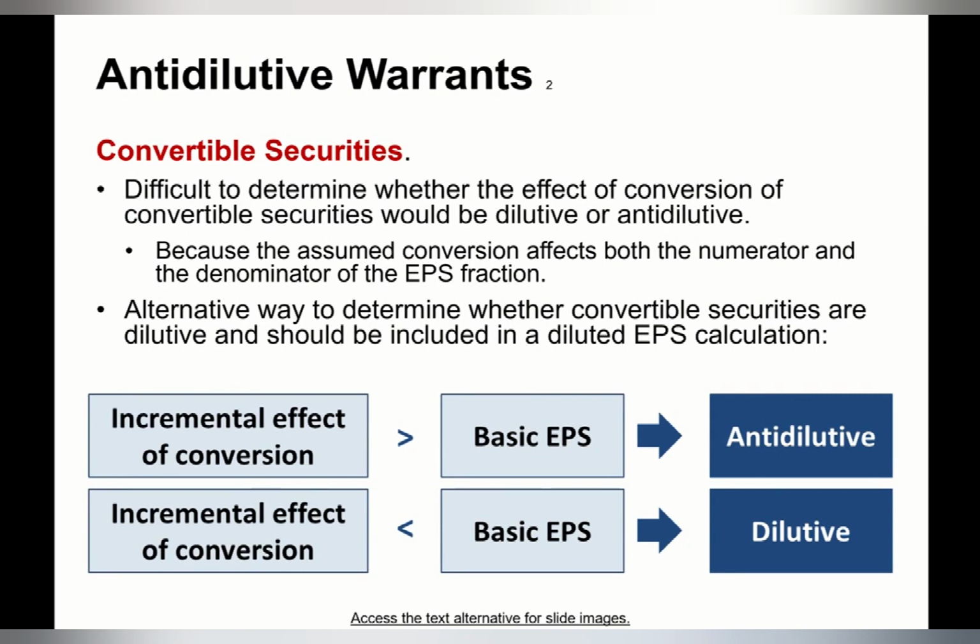Here is an alternative way to determine whether convertible securities are dilutive and should be included in a diluted earnings per share calculation. If the incremental effect of conversion is greater than the basic earnings per share, it's anti-dilutive. If the incremental effect of conversion is less than the basic earnings per share, it is dilutive.